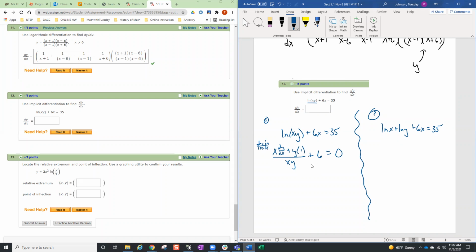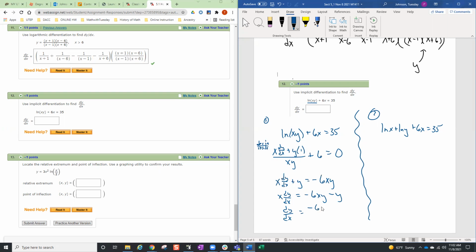No big deal, right? We want to solve for dy dx in general. So x times dy dx plus y equals -6. So I took the -6 to the other side, and I'm going to multiply by the xy at the same time. We can subtract the y. And then divide it all by 6.